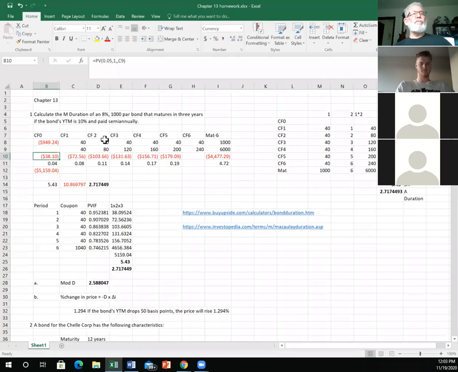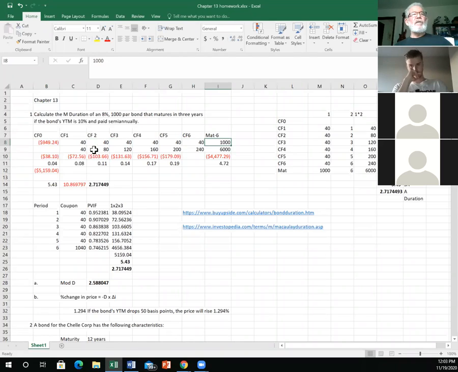Second cash flow, and what you also notice is that each cash flow for the Macaulay duration is multiplied by its place in the sequence. So this is multiplied by 1, this is multiplied by 2, 3, and so on till we get out here, and this is multiplied by 6, and this one's multiplied by 6.